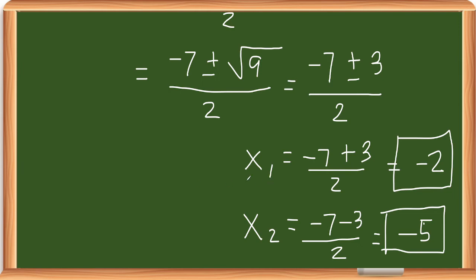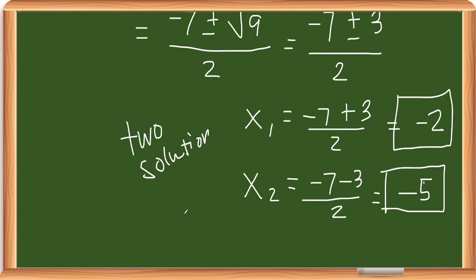Kung mapapansin ninyo, you have two solutions here. There are two solutions. And what do we call the nature of the roots? We call this real, rational, and not equal. Bakit not equal? Because x sub 1 is not equal to x sub 2. X sub 1 is negative 2 and x sub 2 is negative 5. Yung dalawang solution, hindi siya equal. Hindi katulad sa una, iisa lang talaga yung solution.